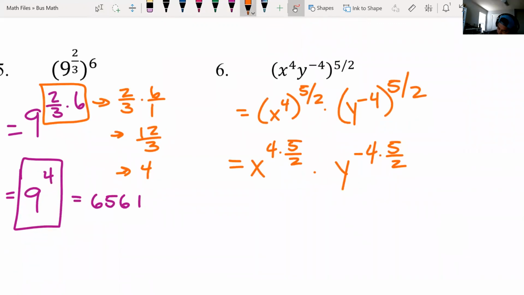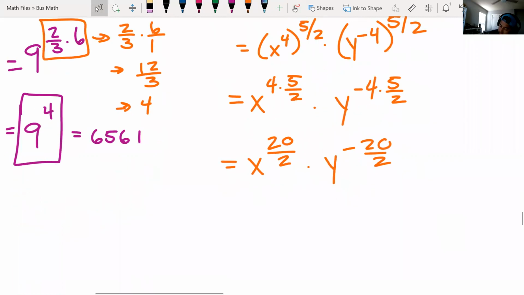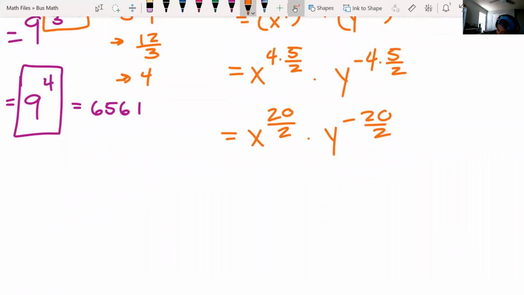Okay. So 4 times 5 over 2. Well, 4 times 5 is 20. So you're going to get x to the 20 over 2 times, same thing here, negative 4 times 5 over 2, you get y to the negative 20 over 2. Reduce those, and you'll get x to the 10th times y to the negative 10.